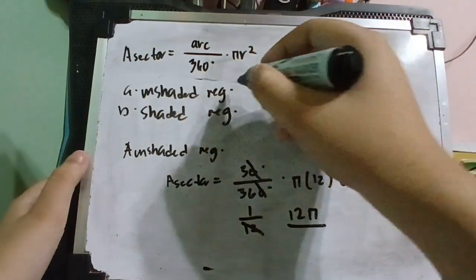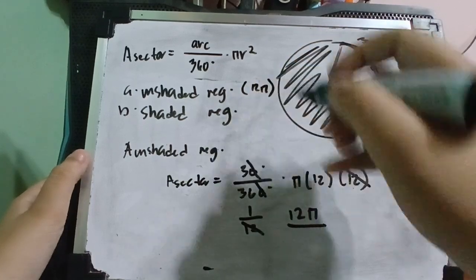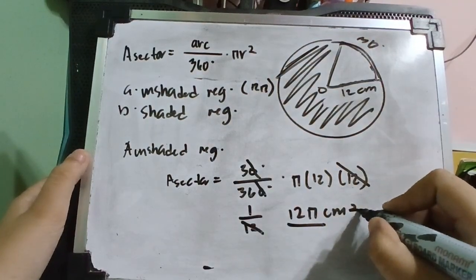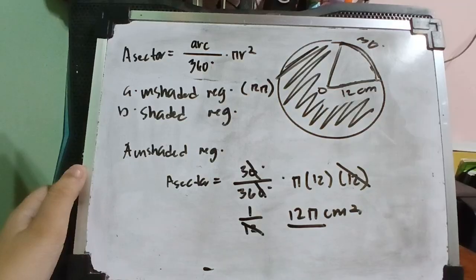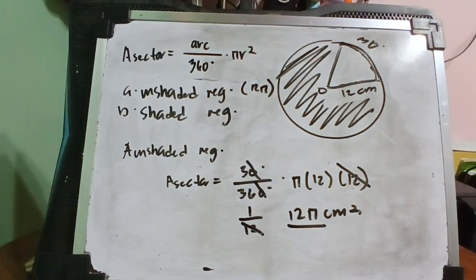So, 12 pi yung answer for our unshaded region. It's 12 pi centimeters squared. Is it centimeters squared? Tingnan ko. Anong units natin? Yes, it is centimeters squared. Okay, so yan yung sagot natin for our unshaded region.